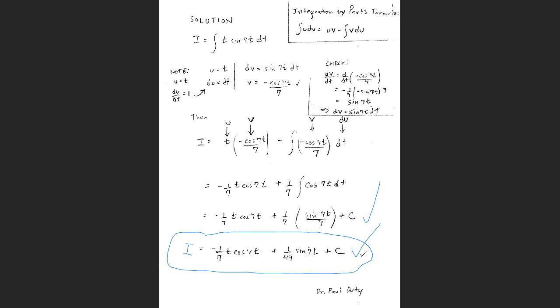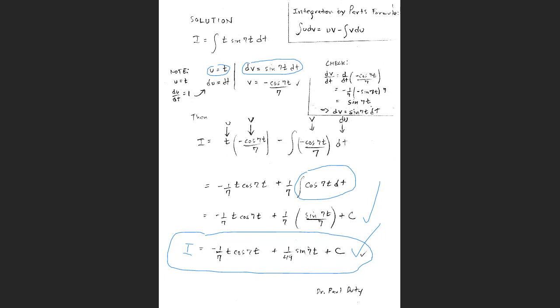I'll mention something because I know I just came. So you might wonder, how did I know to let u equals t and dv equals sine of 7t dt? Well, I'm trying to break the integral down, to dissect it into simpler parts, so to speak. The fact that my integral was cosine of 7t dt, and I could integrate that, tells me that this was the right choice.